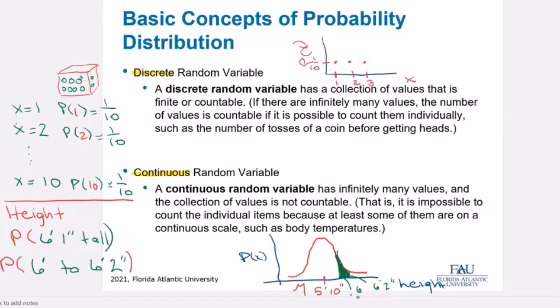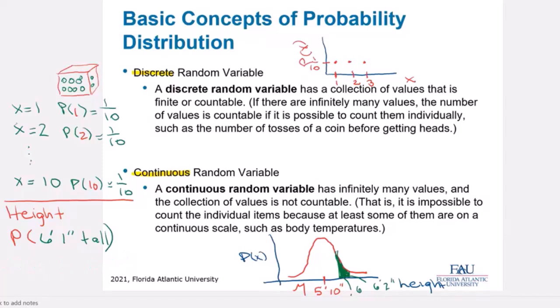Let's read this. A continuous random variable has infinitely many values, and the collection of values is not countable. Because how would I know exactly how tall somebody is? If I could really measure them down to the 1/1,000,000th of an inch, well, then probably no one would be the same exact height. But we do have a range.